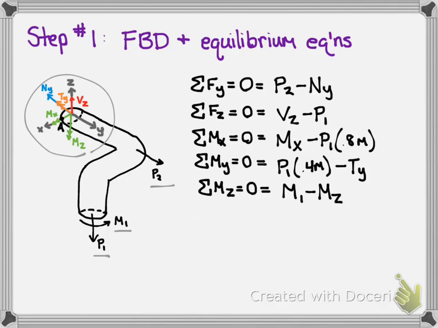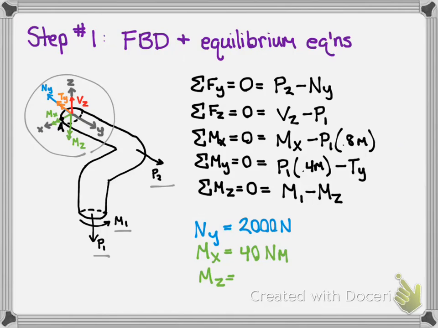Now when you end up solving those equations for the unknowns by setting them all equal to 0, since we're in equilibrium, you'll find that Ny is equal to 2,000 newtons. You find that Mx is equal to 40 newton meters.